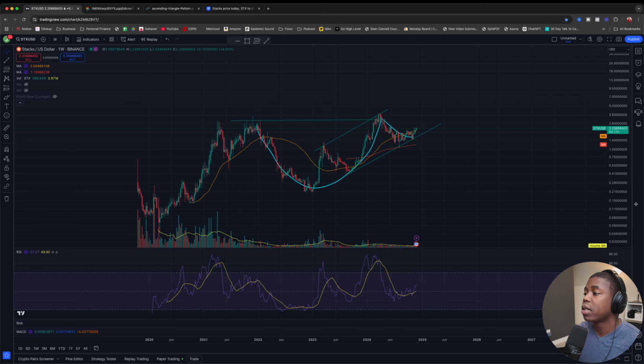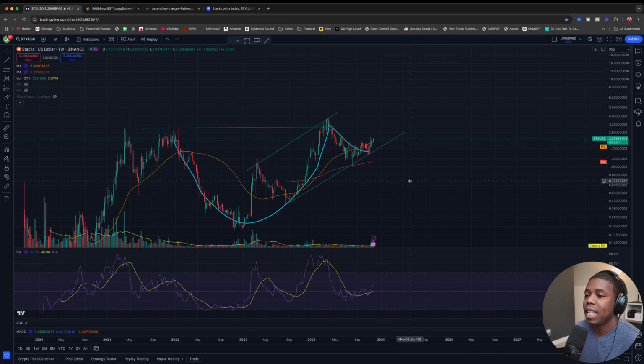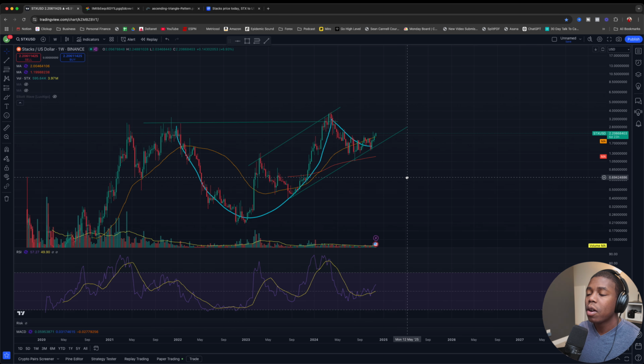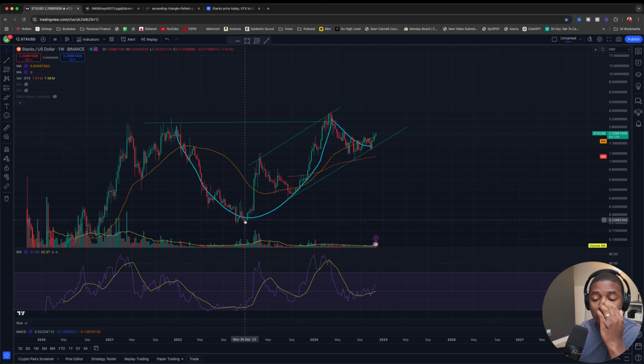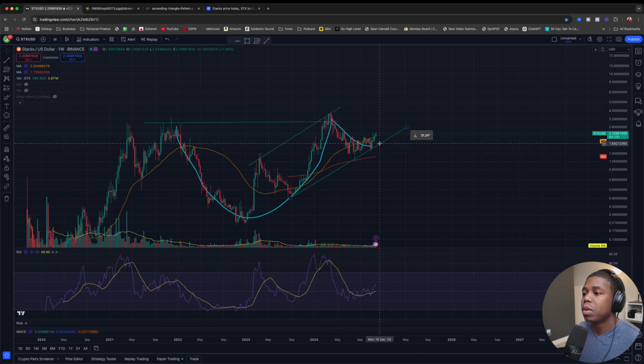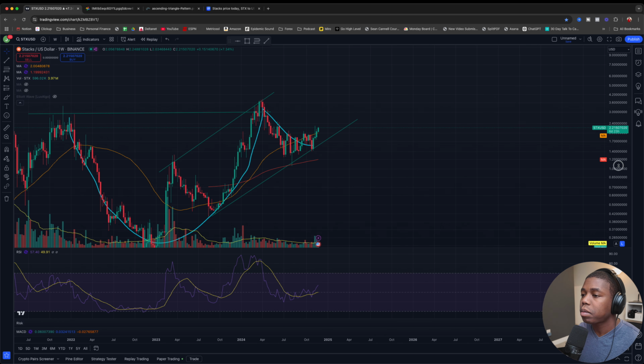And so I'm really excited to see this pattern right now because, again, a lot of cryptos are showing this pattern, and we are in a really good spot right now if we're looking to enter. Of course, it would have been great if we were down here getting in at the cycle low, but when it comes to getting in at the right time, right before a big push to the upside, this is a great place.